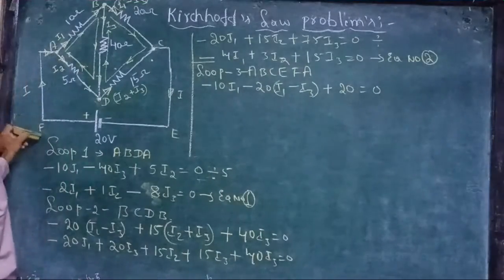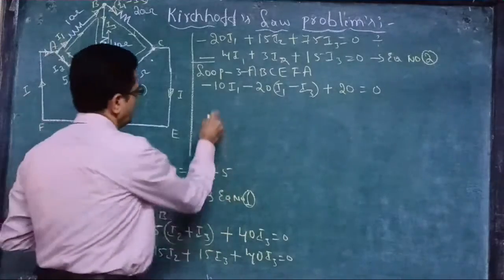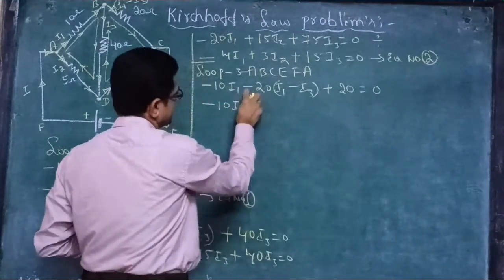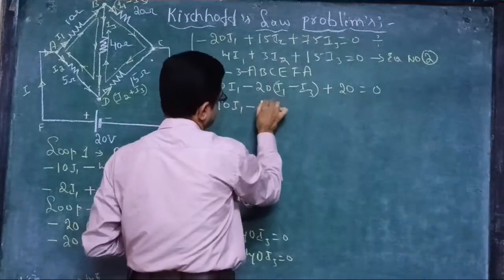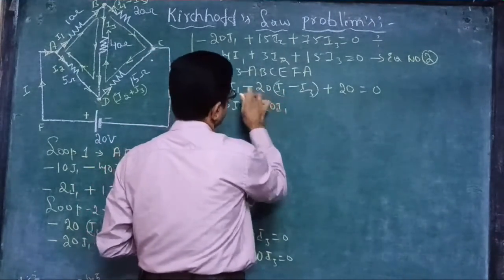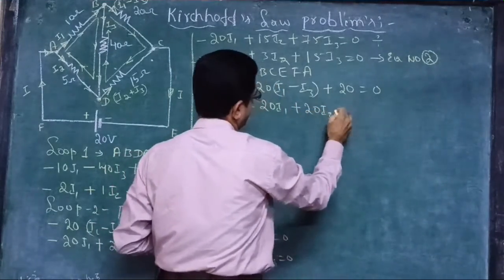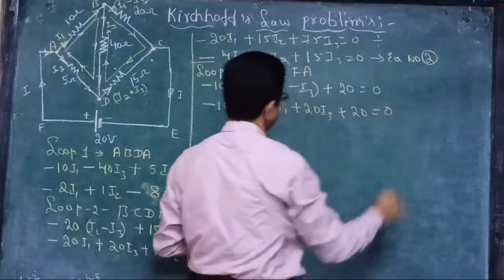Because there is no element between F and A. So next, minus 10 I1 minus 20 I1 minus into minus plus 20 I3 plus 20 is equal to 0.